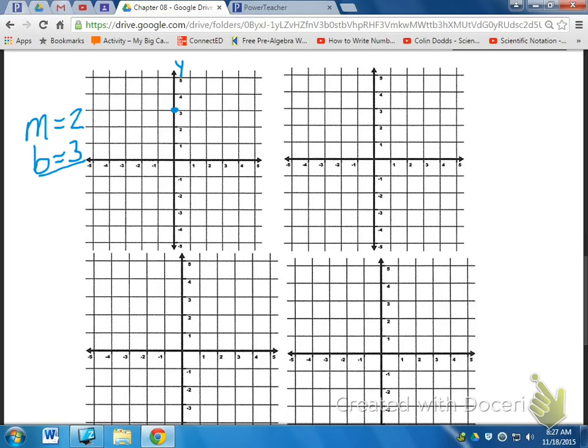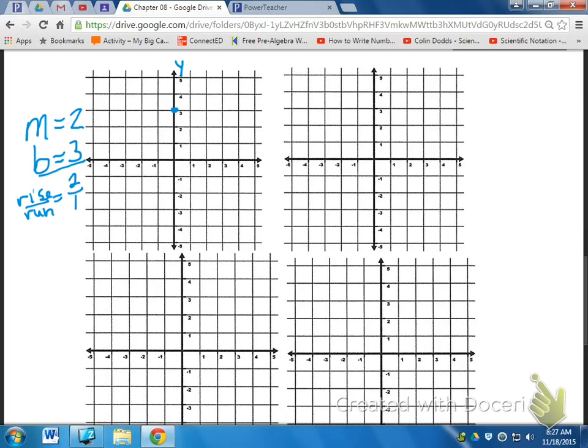Now, slope, we've talked about a few days. It is defined as rise over run. And our slope is 2. Well, I have the rise, I don't have the run. How do you make 2 a fraction? Put it over 1.